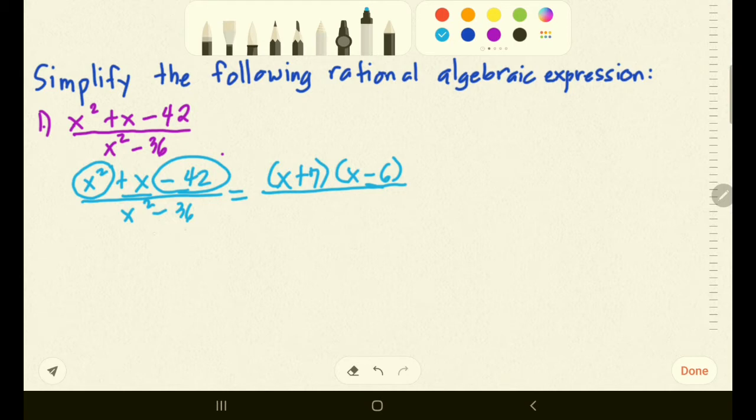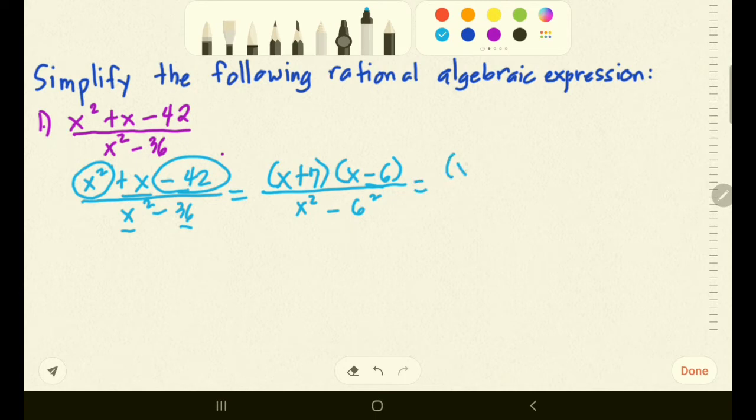So you have your x squared minus 36. As you observe, x squared and 36 are both perfect squares, so definitely we're going to use the difference of two squares. To use that, express each term to the power of 2. So you have x squared minus 6 squared.